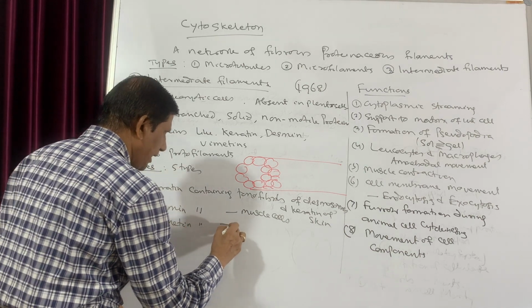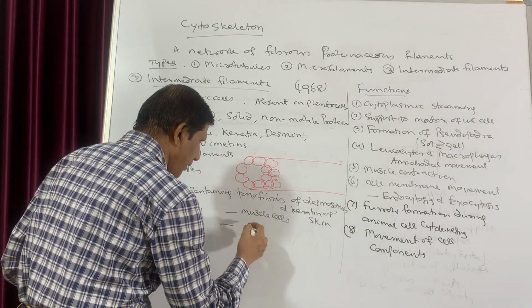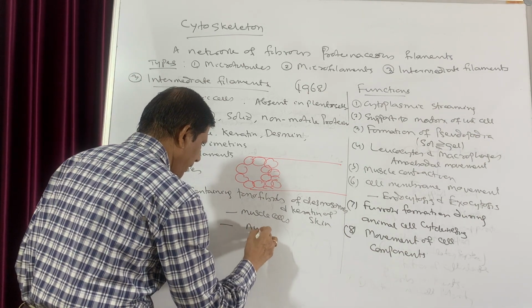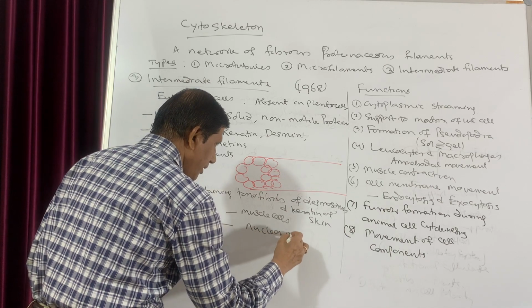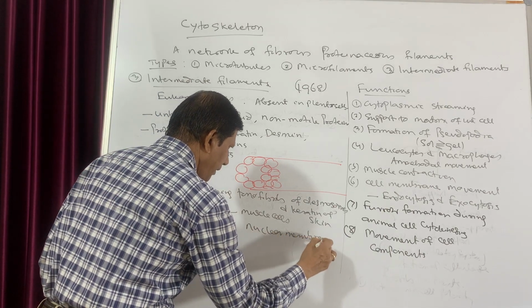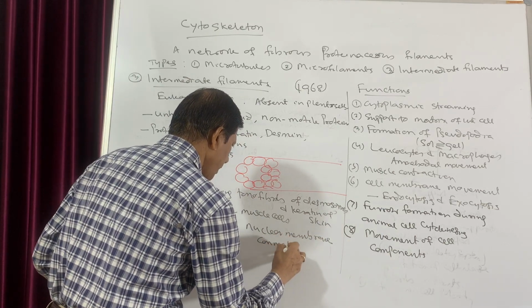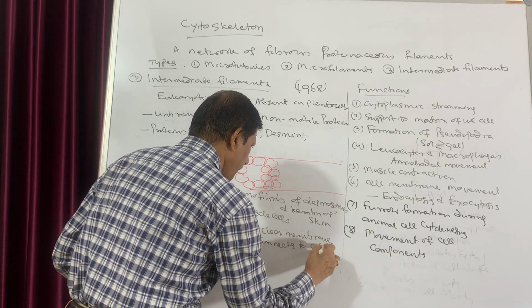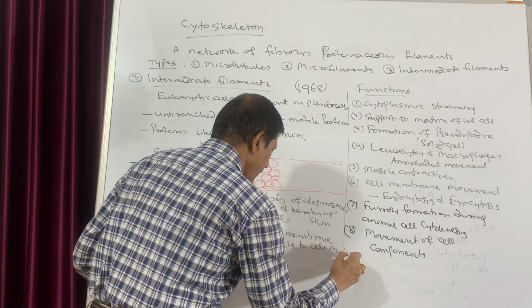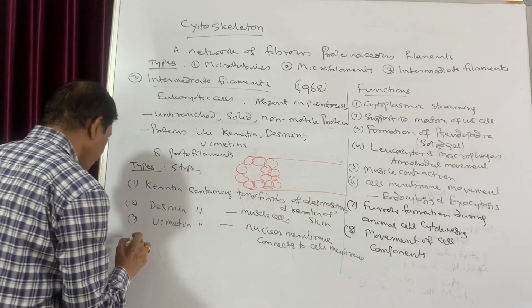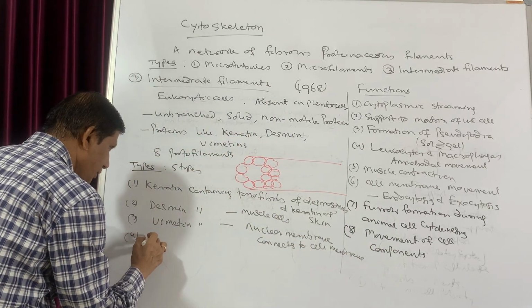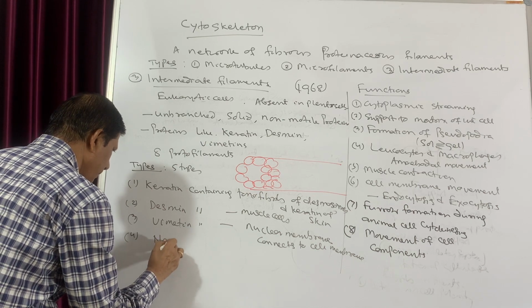Then the third one is vimentin containing, usually widespread in the nuclear membrane; the nuclear membrane connects to the cell membrane. Then the fourth type is neurofibrils.